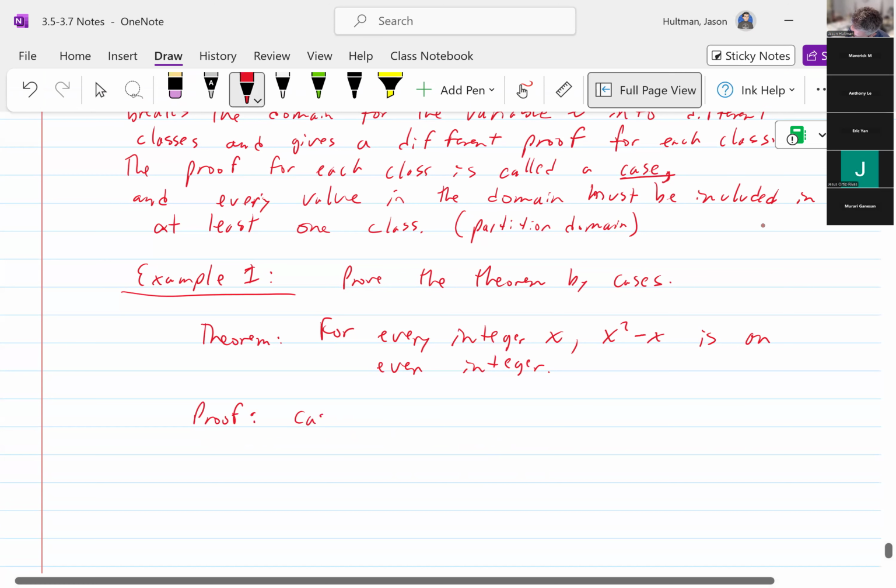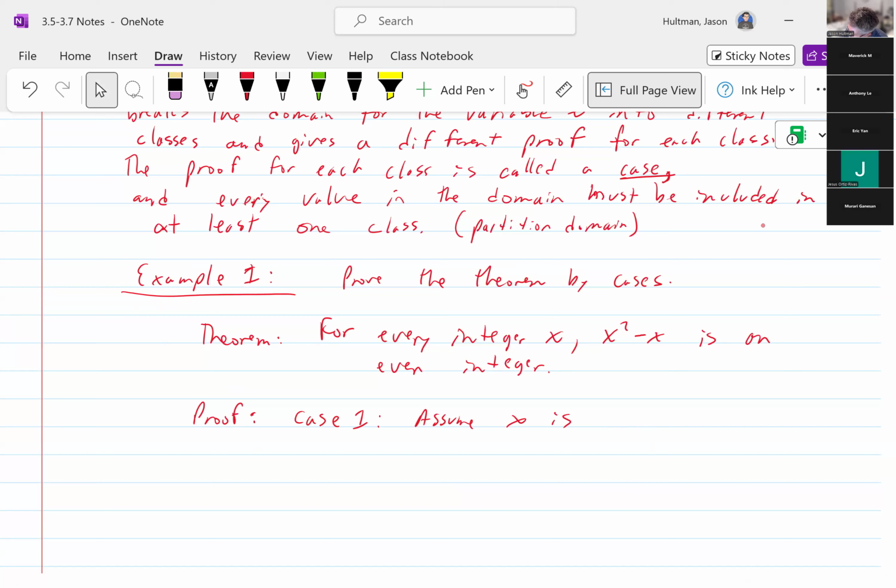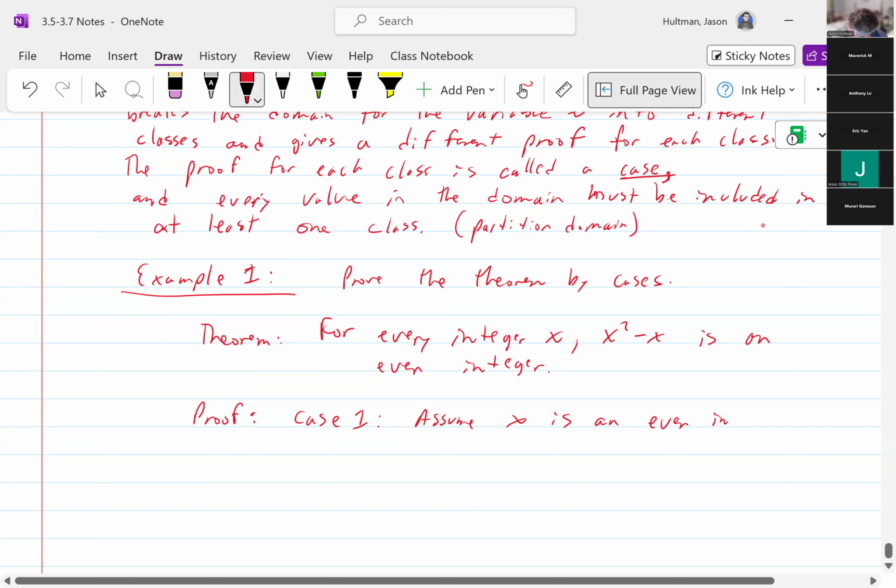Okay, so case one, assume x is an even integer. Since x is even, there exists k, an element of Z, such that x equals 2k, right?